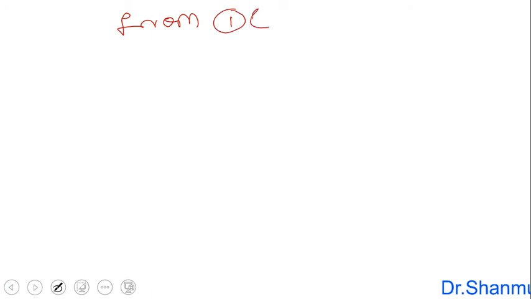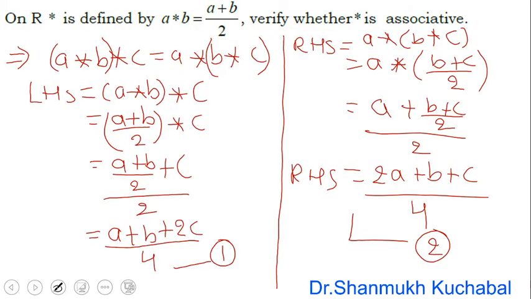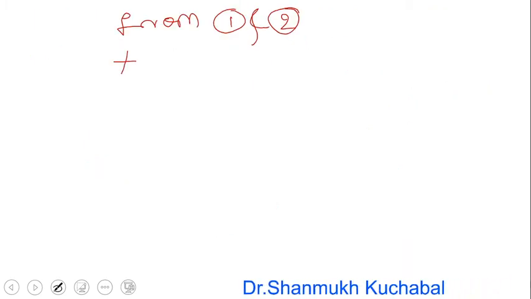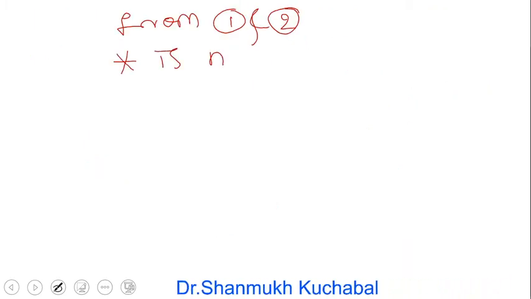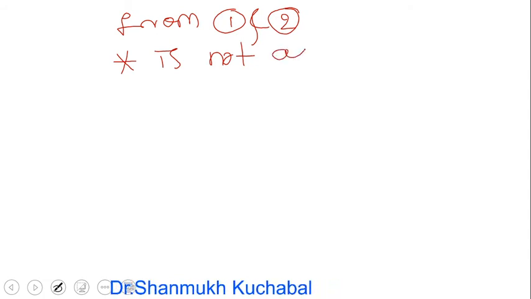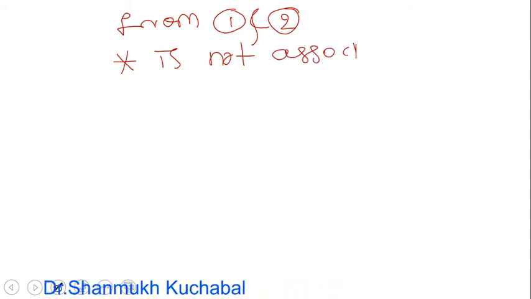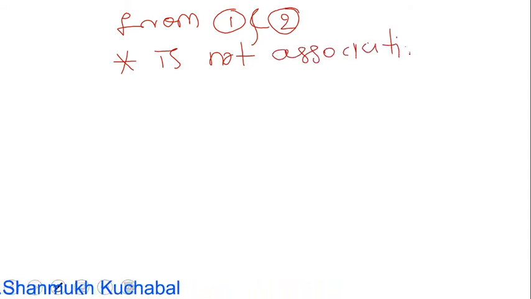Therefore from 1 and 2 we will observe that star is not associative. Star is not associative. So similarly, one more possible example we will solve.